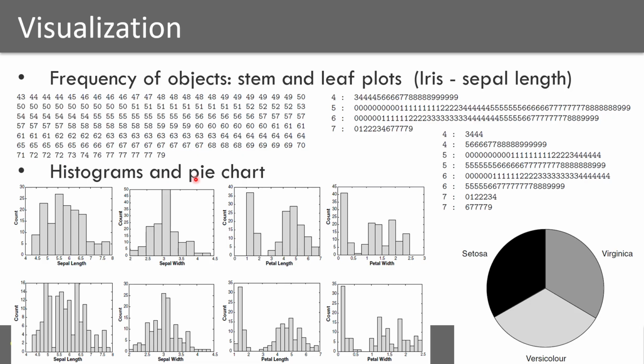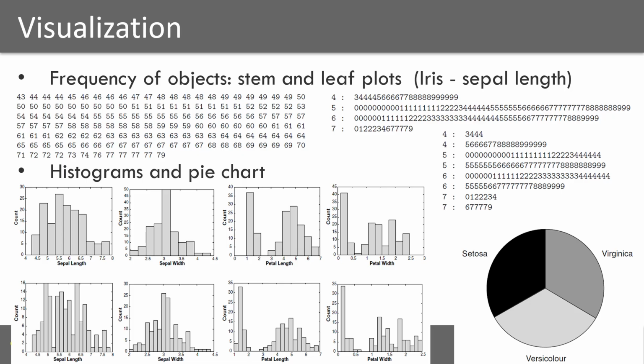Related to histograms is also the pie chart, which gives us not an absolute frequency, but a relative frequency. In this particular case, it is rather boring because it shows us that there are 3 different subtypes of the iris plant, and they are all represented by 50 samples.